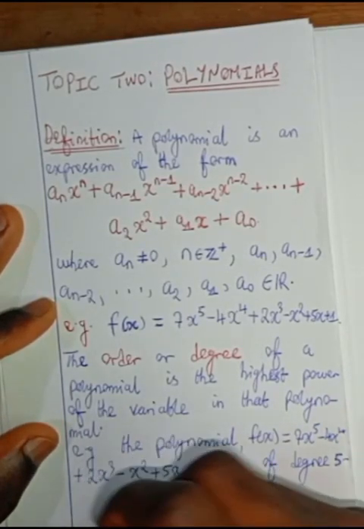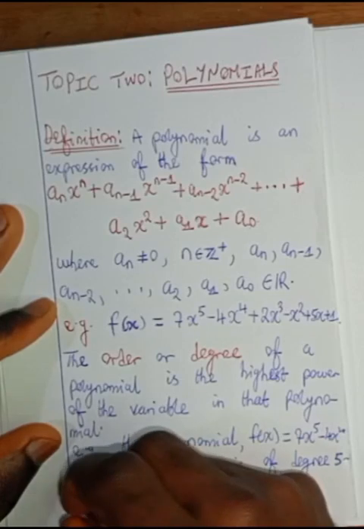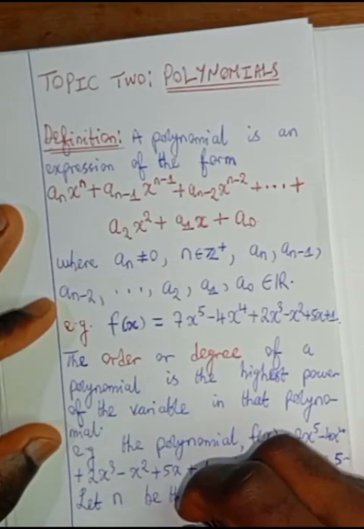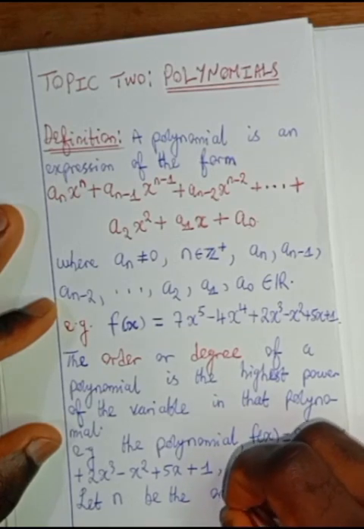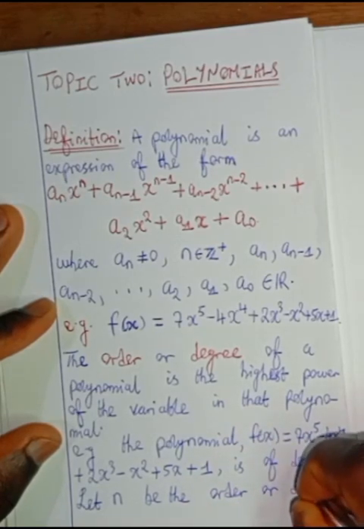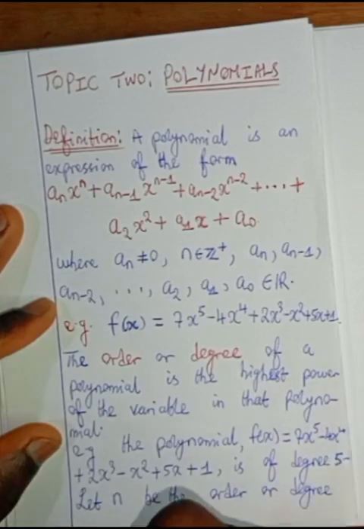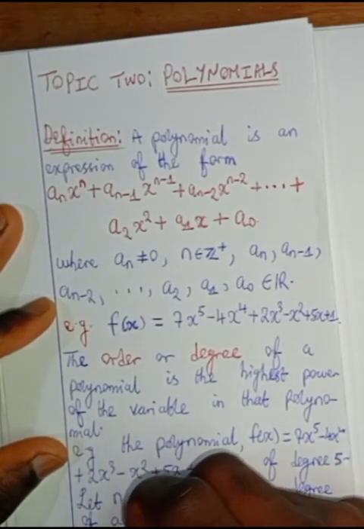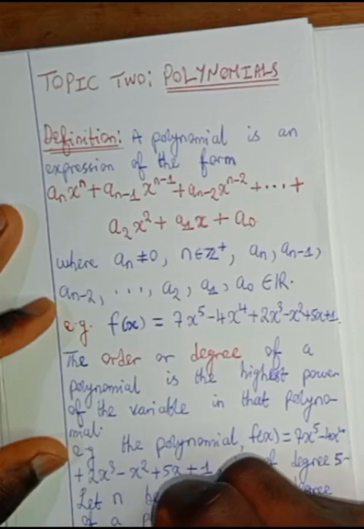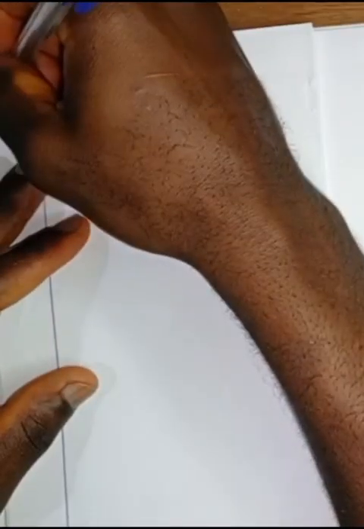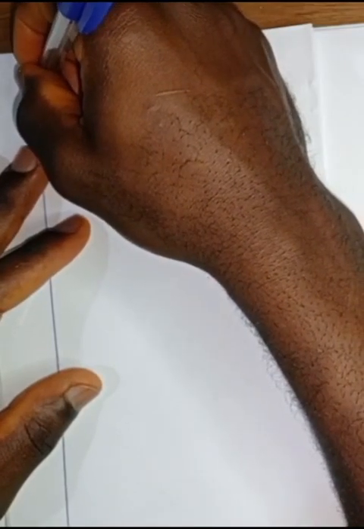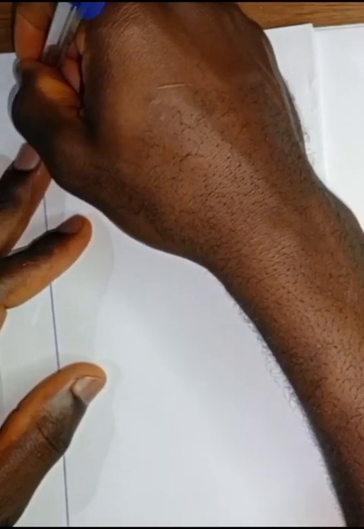Now we are going to take this down. Let n be the order or degree of a polynomial. By the margin we take I Roman 1 for n equal to 1.